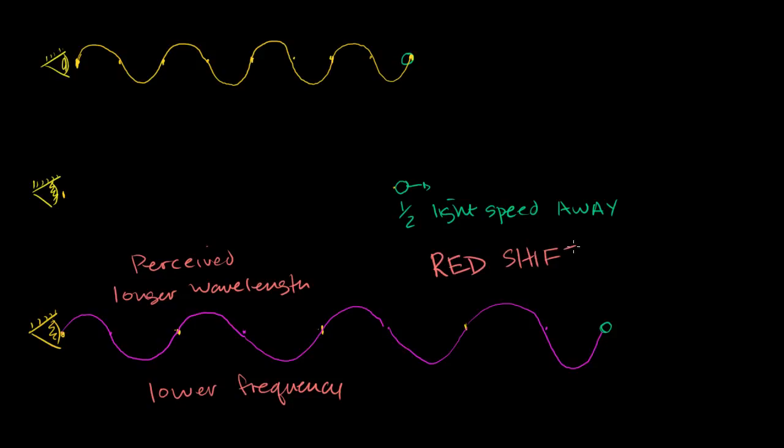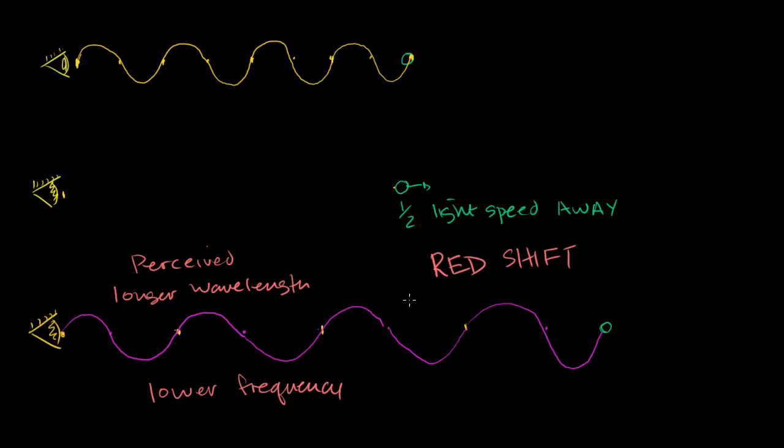And I've done a bunch of videos in the physics playlist on the Doppler effect. And over there, I talk about sound waves and the perceived frequency of sound as something travels towards you versus away from you. And it's the exact same idea. This is the Doppler effect applied to light. The reason the Doppler effect works for light traveling through space and for sound traveling through air is because a sound wave in air, regardless of whether the source is moving away or towards you, is going to move at the speed of sound in air at a certain pressure.